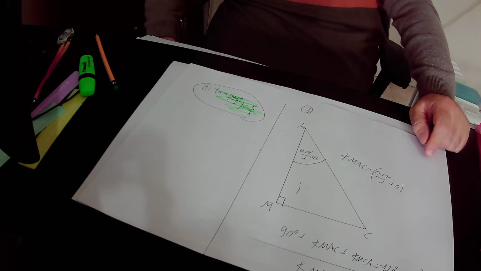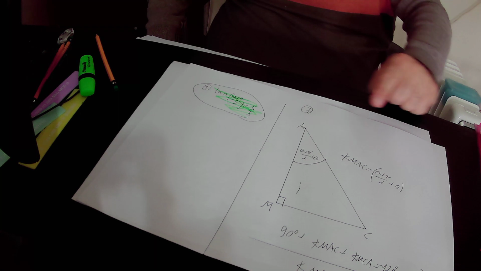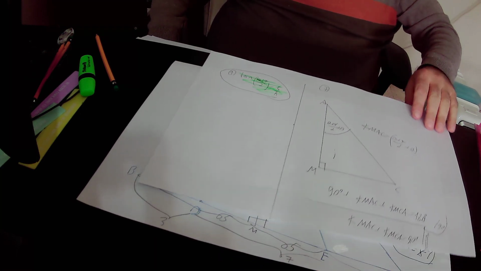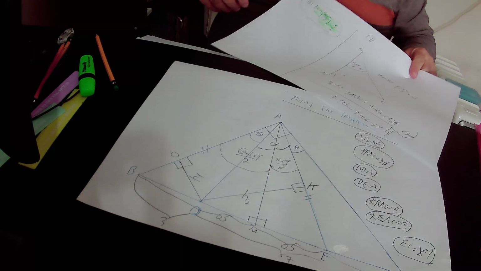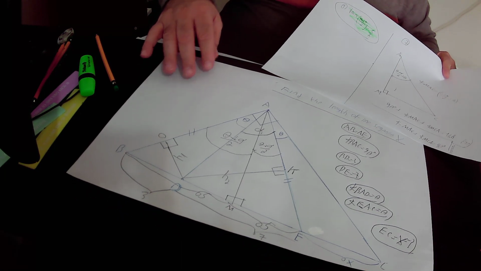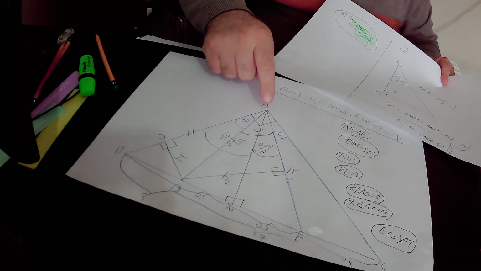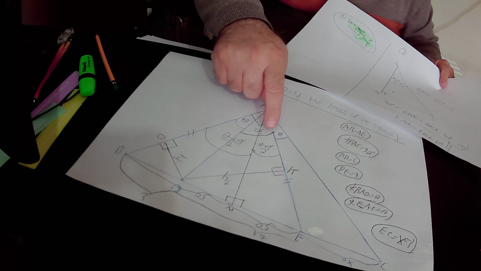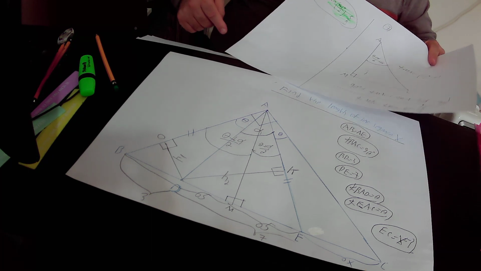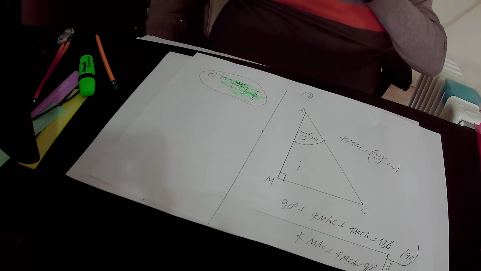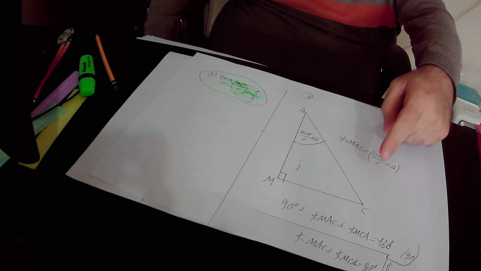Then we focused on the right triangle AMC and copied it here. What is the value of angle MAC? You can see easily from the drawing that the value of angle MAC actually equals (theta plus alpha) over 2, plus theta. And what is the value of angle ACM?